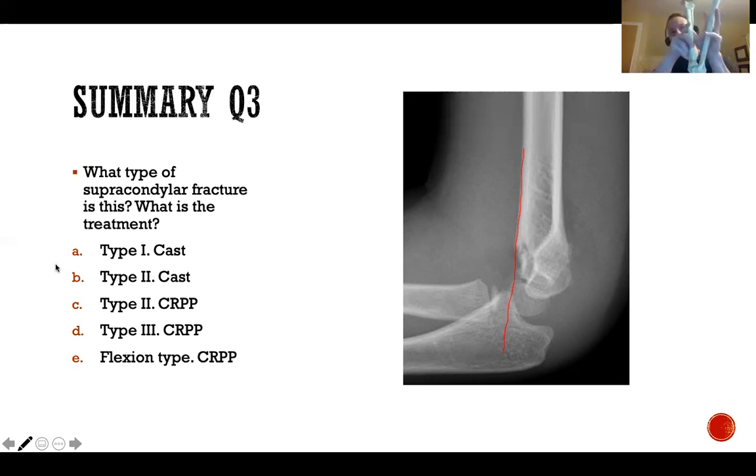So when you're holding it in flexion, it's reduced, it's stable. So when you're putting a cast on, these patients need to be near 90 degrees. And the farther into flexion you put the cast, the more stable it is. If you can push it with your thumb and put it back where it goes, and you put it at 100 or 105 degrees, or 110, it will stay there in a cast.